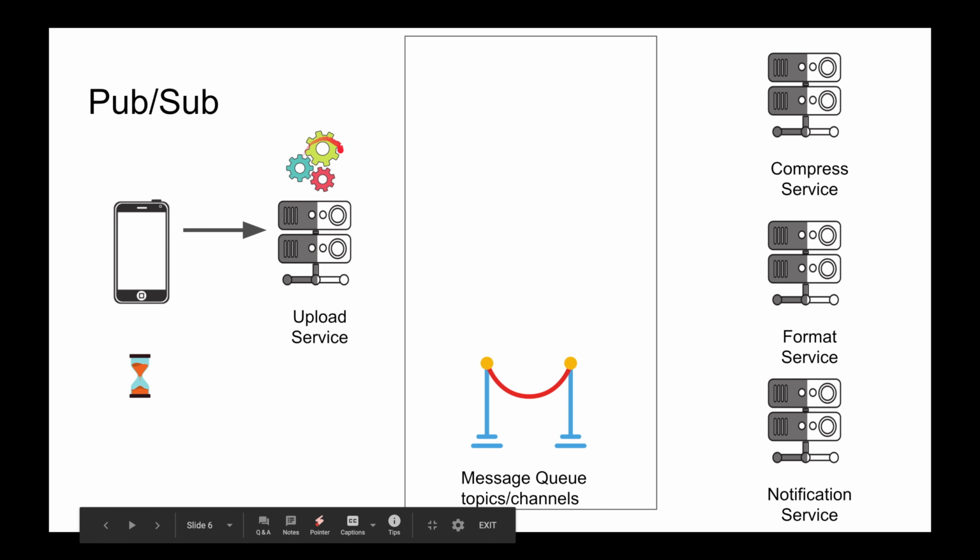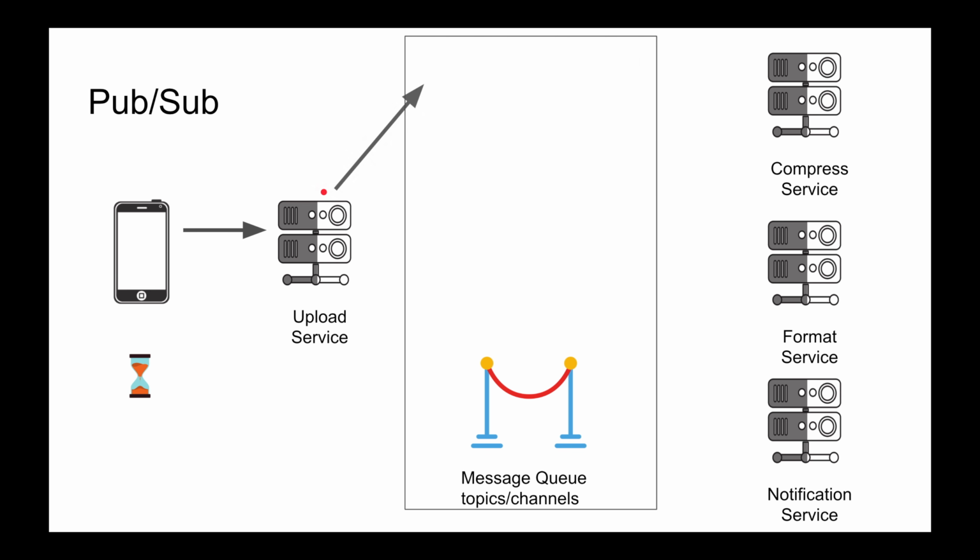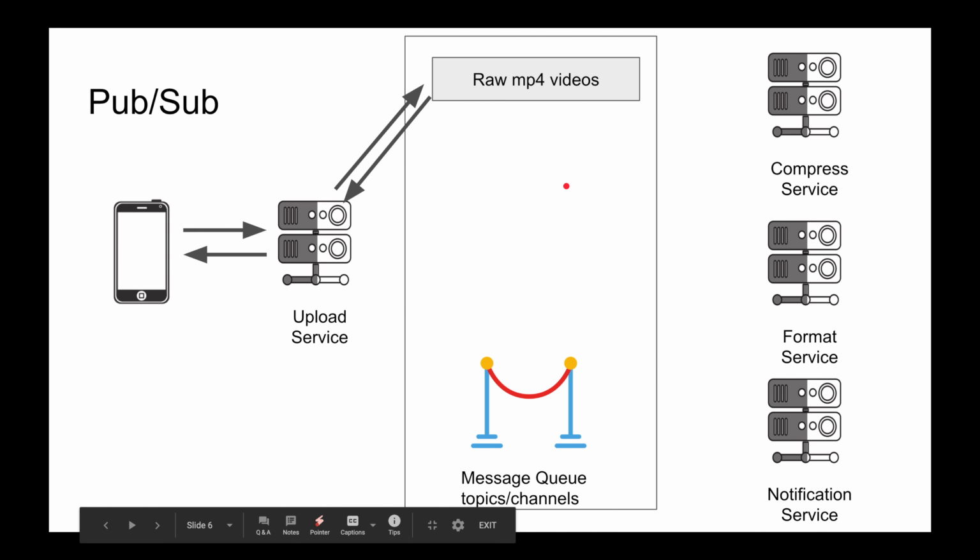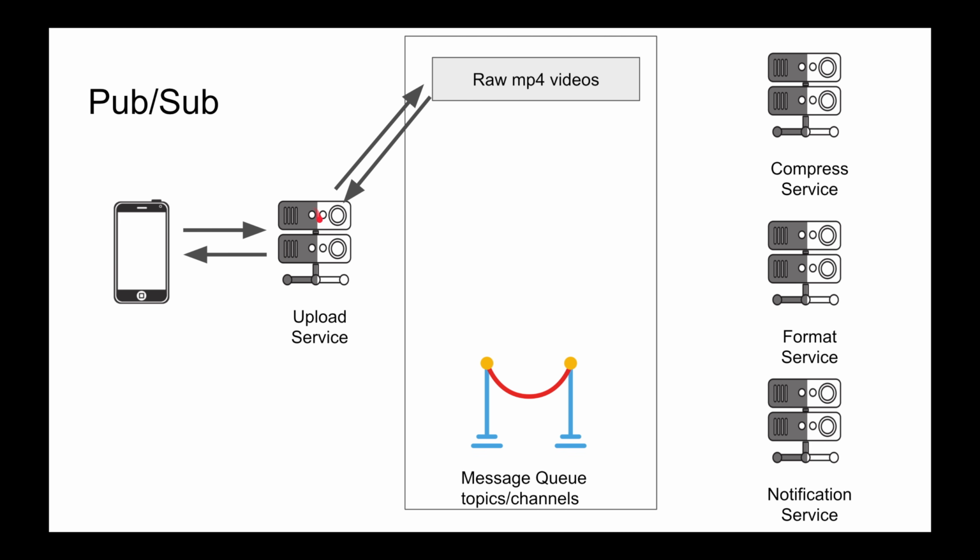So the upload service is processing. Once it's done, the upload service will say, you know what? Just give me a second. I'm going to publish this really quick to this topic. And once I get the result, which is usually quick because these guys are in the same network, I'm assuming this is one network interface and this is another network interface, so they communicate with this.